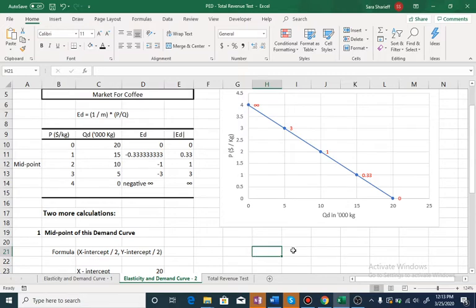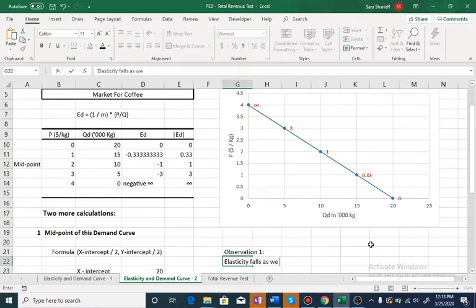What is the first observation that you make? A very important observation: elasticity falls as you move down along the demand curve. Your elasticity is falling from infinity to 0. That's our observation number 1, right?